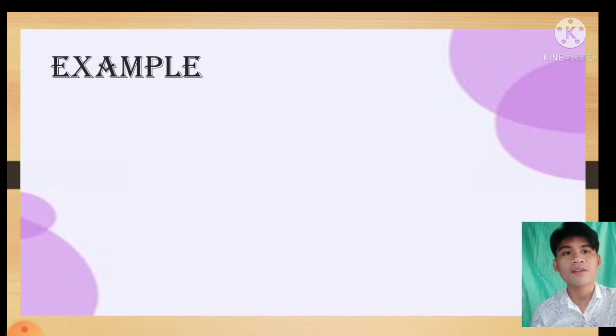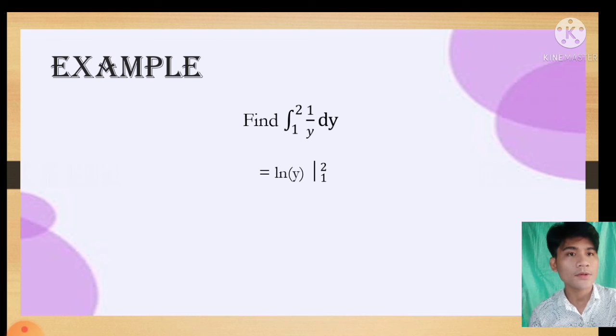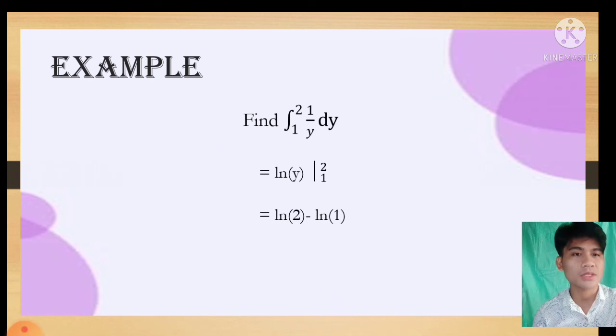Next, we have example number 3. How about find the integral of 1 over y dy from 1 to 2. So as you remember the formula, the integral of 1 over y is equal to ln absolute value of y, from 1 to 2. So just substitute.